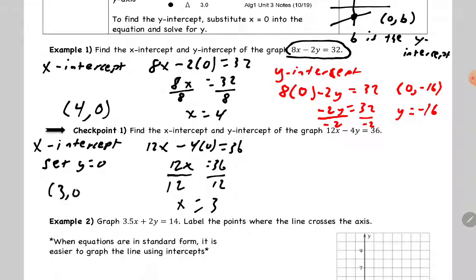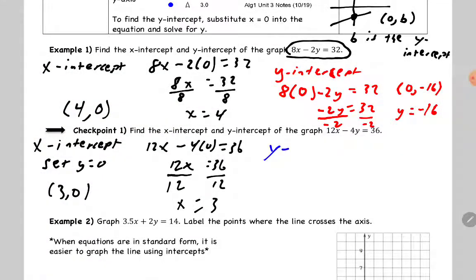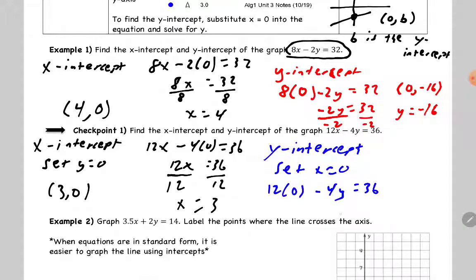So I have 3 comma 0 for my x-intercept, and then my y-intercept, set x equal to 0. So 12 times 0 minus 4y equals 36. I'm just going to divide by -4 to both sides and get y equals -9. So this would be 0, comma, -9.